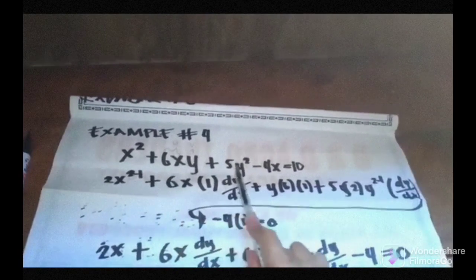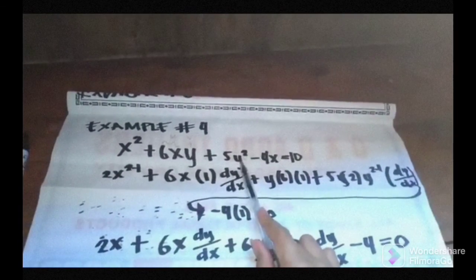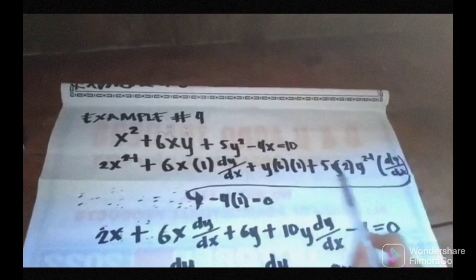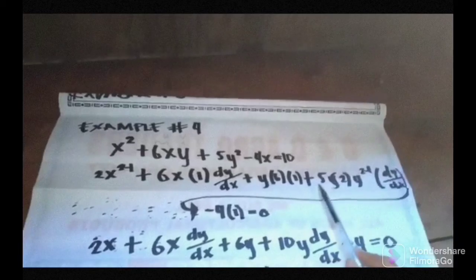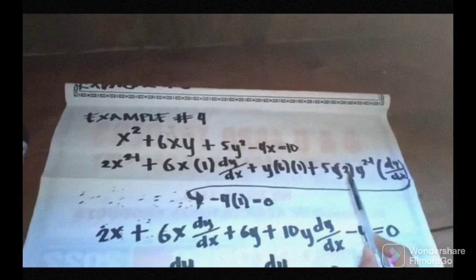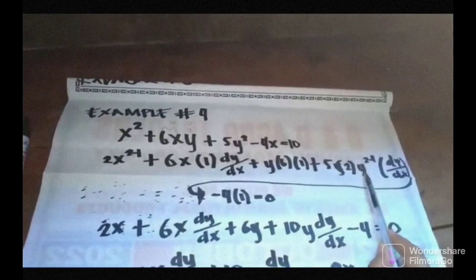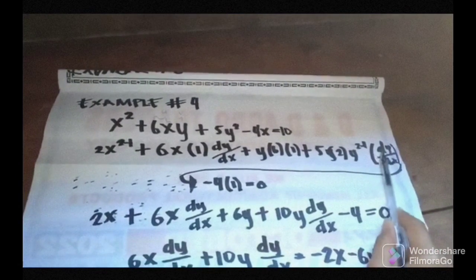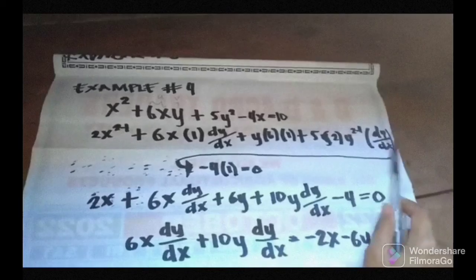Let's proceed to our third term. In our third term, we will use the power rule. So 5 times 2y to the power of 2 minus 1 times dy over dx.